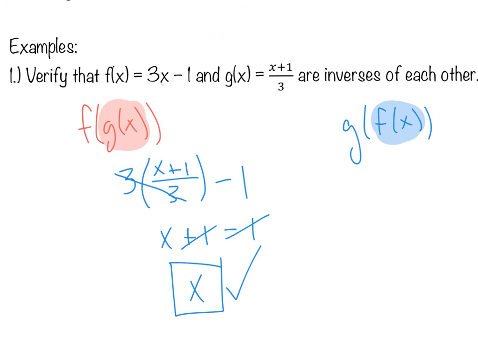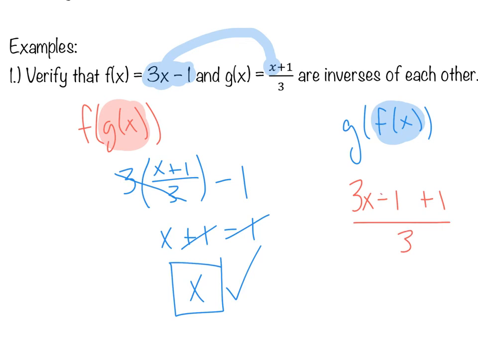So now this becomes the input for this. So let's see what that looks like. So instead of x, I now have 3x minus 1, and then plus 1 over 3.